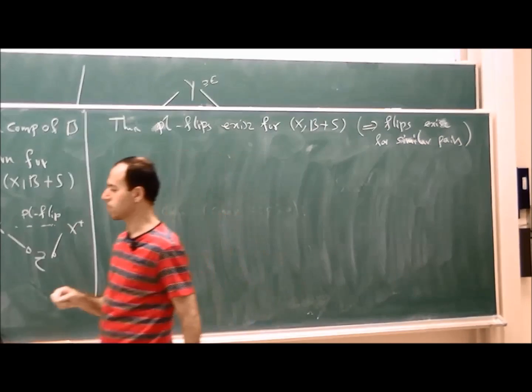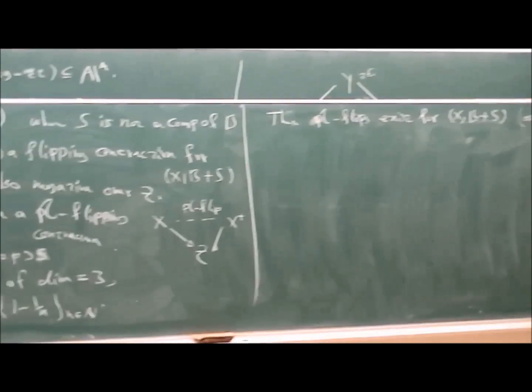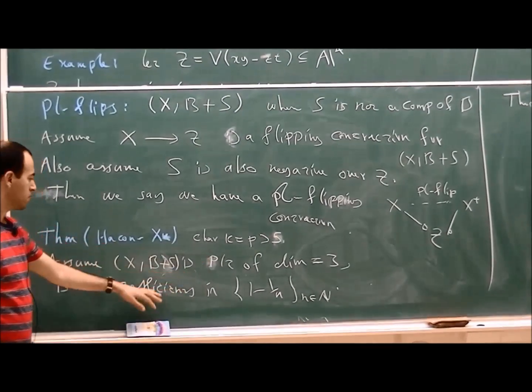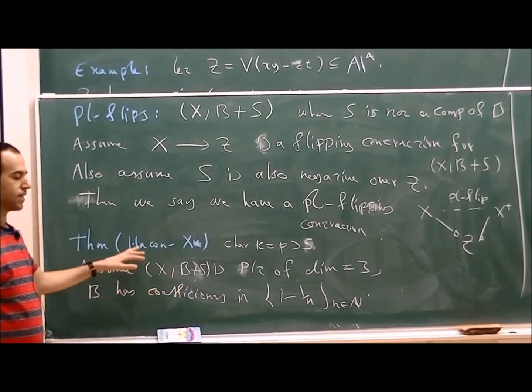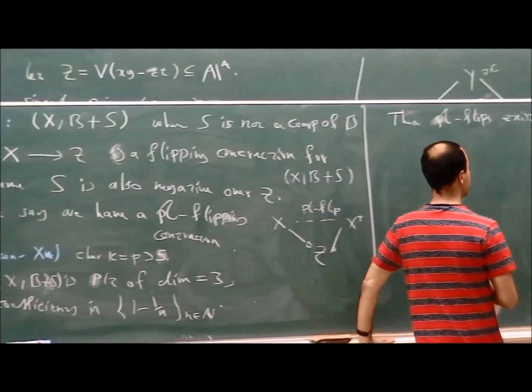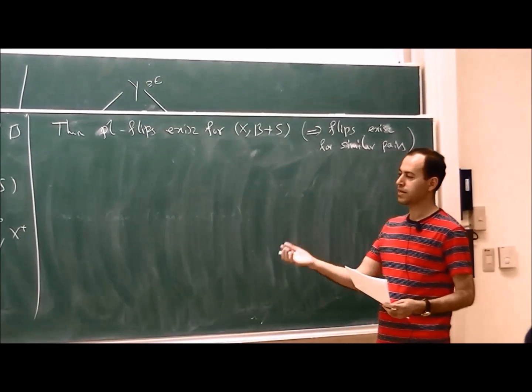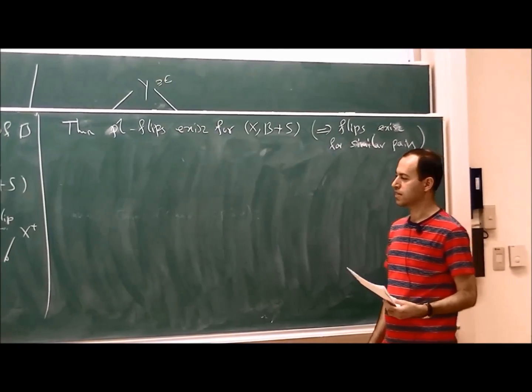Because I have this component S here, technically this is not KLT, this is what we call PLT. But you don't have to worry too much about that. It essentially looks like KLT except that you have one coefficient 1. So then one can construct flips for this kind of pair.